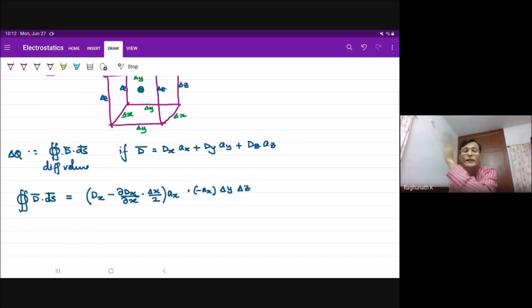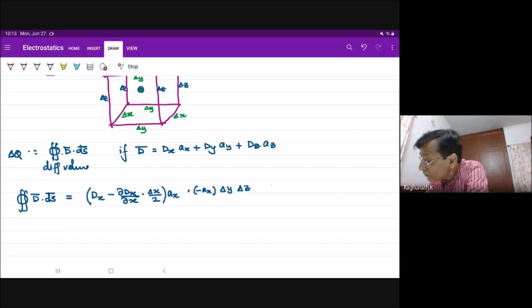Y and z components are not important for me. For the hind face, from the center I will go f of x plus h, f of x minus h, I told. H is either plus h or minus h. That h is delta x by 2 from the center, because each side is of length delta x. From the center, the hind face is at delta x by 2, and the front face is at delta x by 2.